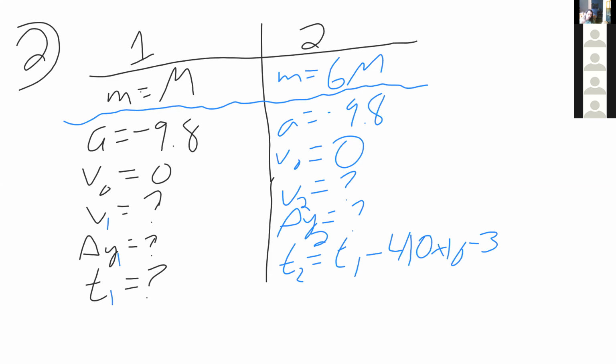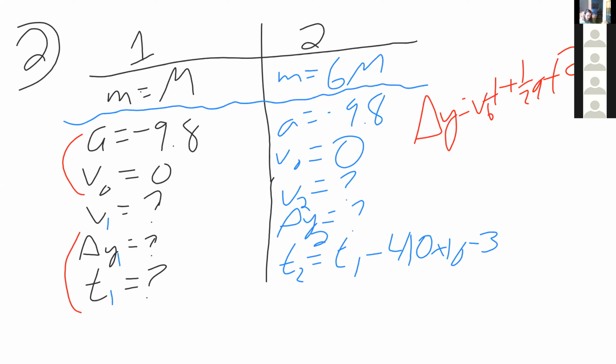All right, so you would do your kinematics. You'd relate acceleration, initial velocity, delta y, and time. So the equation that relates those, as a reminder, delta y is equal to v initial t plus 1/2 a t squared. And you'll get two equations. They'll both have t1 in them.